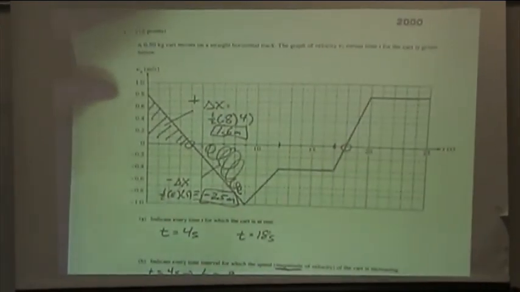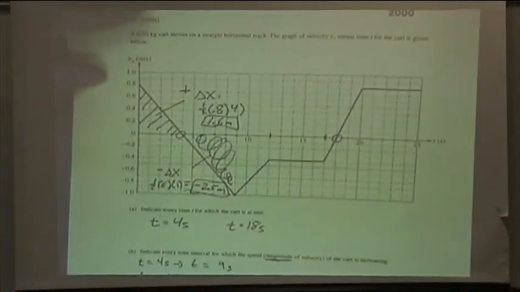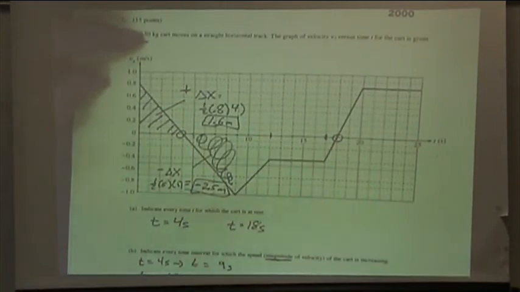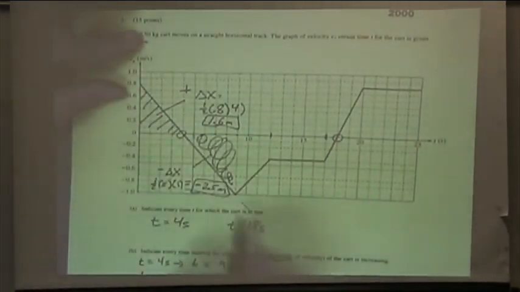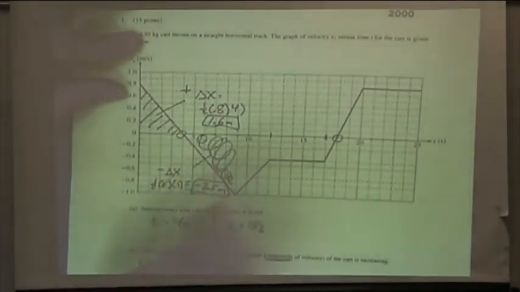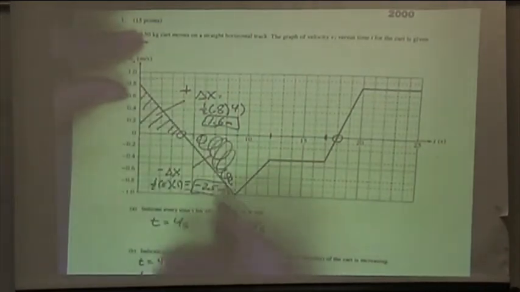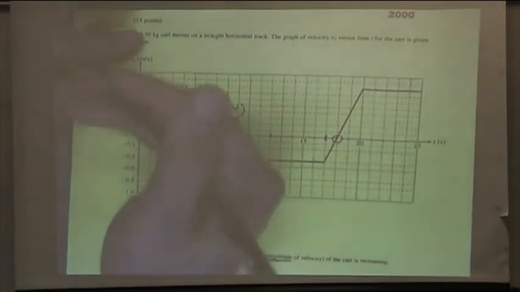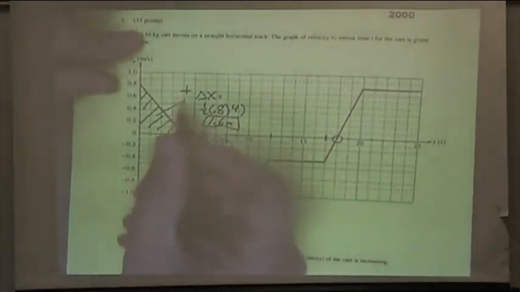For the first 9 seconds, I have a constant slope, and it's a negative slope because our graph is going downhill here. That direction is going to be a negative slope.